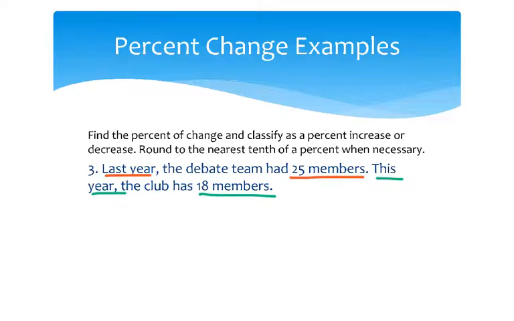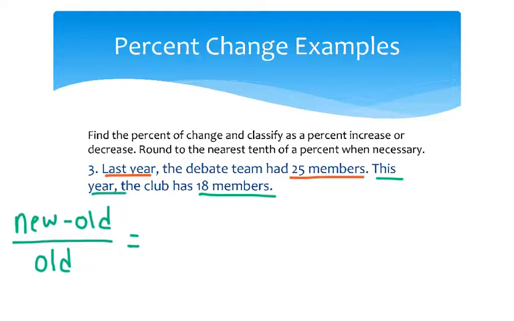So in this case, you have new minus old all over old. So think about it. If you have last year and then you have this year, which one's going to be the new? Which one's going to be the old? Well, last year is going to end up being old, meaning this year is new.